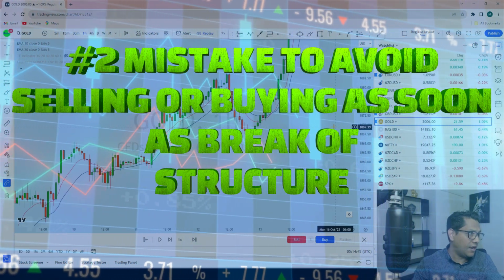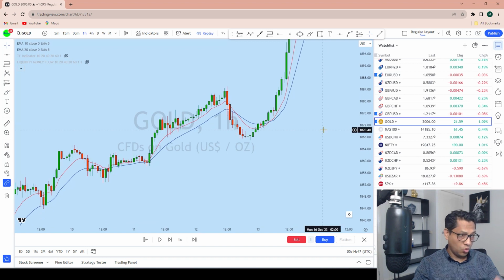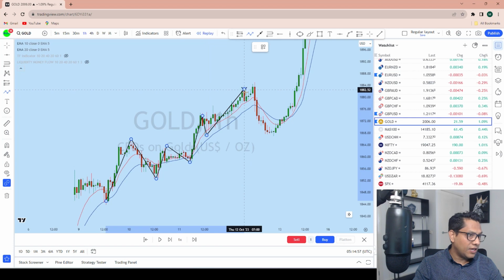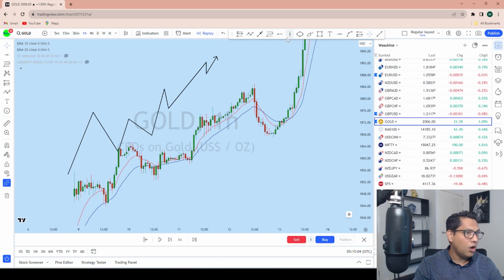Let's assume again the gold market on this 1 hour chart. What do we see? That this market is nicely trending. If you draw this market structure, you can see that it is maintaining a series of higher highs and higher lows up to this point. Okay, now afterwards what we saw was a break of structure.